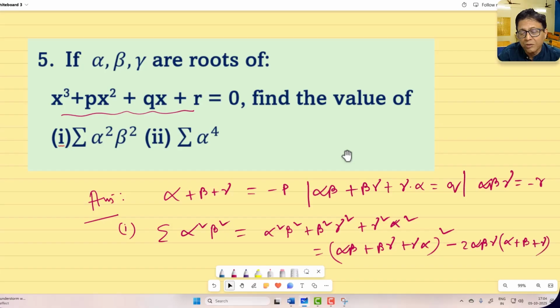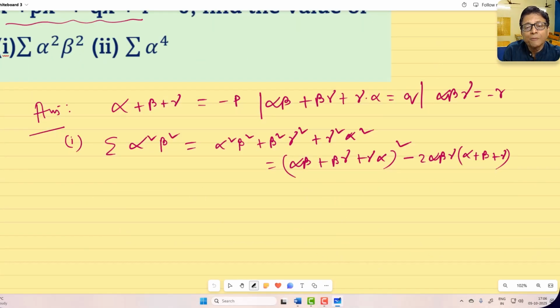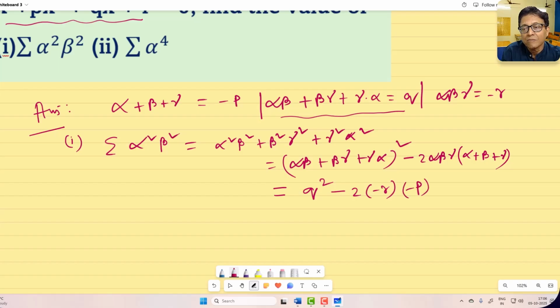Hope you have understood: a square b square plus b square c square plus c square a square is ab plus bc plus ca whole square minus 2abc times a plus b plus c. You just put the values here, that the sum of the products two at a time is q, minus 2 into minus r and minus p.